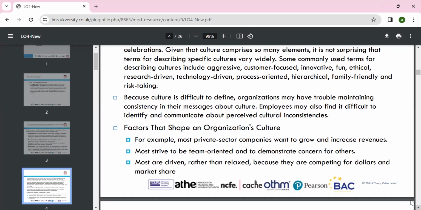Of course, we want to grow, accelerate, and increase revenue. So most strive to be team oriented and to demonstrate concern for others. Most are driven rather than relaxed because they are competing for dollars and market share.